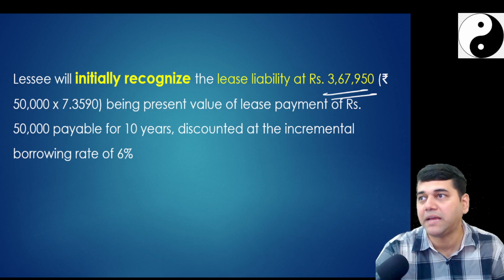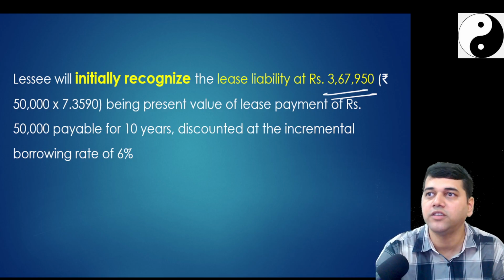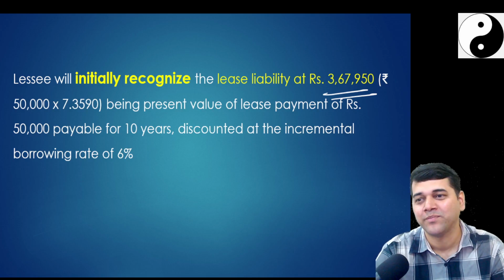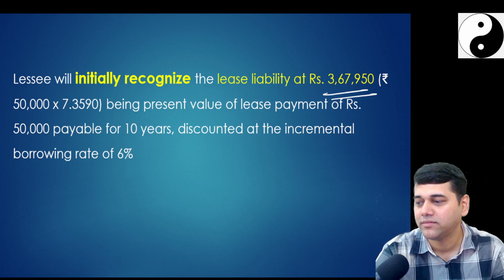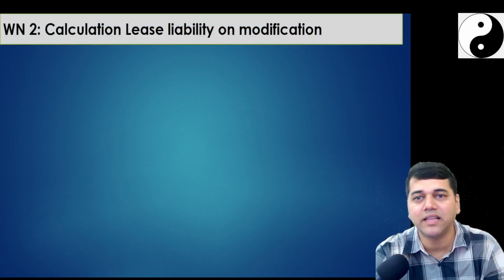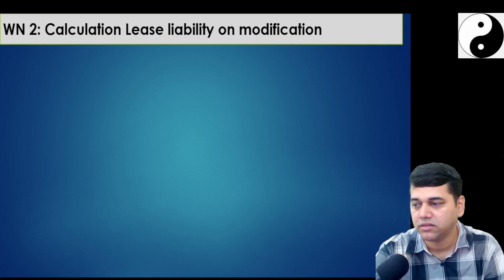And then leave some space to do this working in a detailed manner, if time permits, which generally it should not in FR. Followed? Okay. Next, what should I do? I want the lease liability balance at the end of the 5th year. So write lease liability on modification, working note number 2.